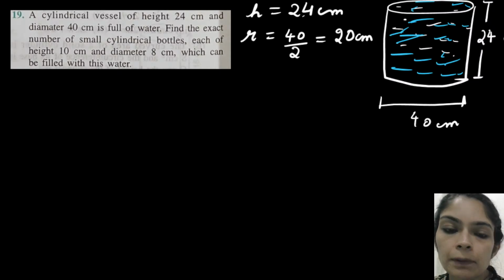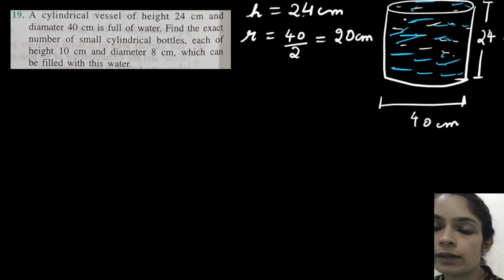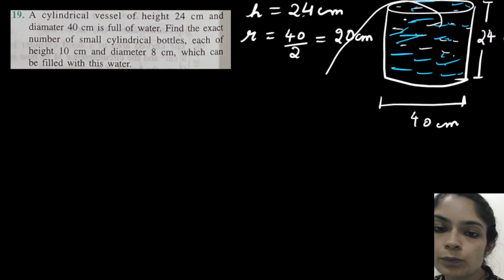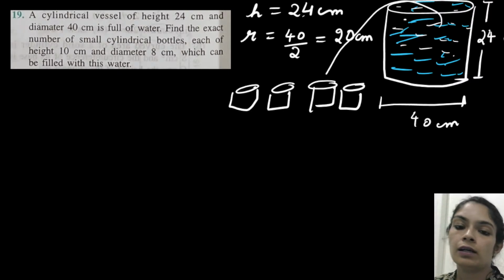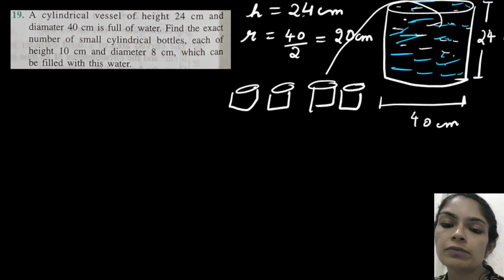Find the exact number of small cylindrical bottles, each of height 10 centimeter and diameter 8 centimeter, which can be filled with this water. So this water they have to pour into small cylindrical bottles. We have to figure out how many bottles will be filled with this water. The dimensions of the small one are also given to us.